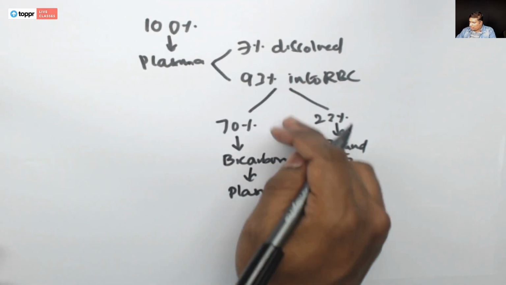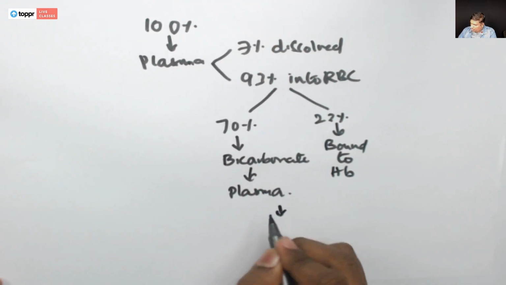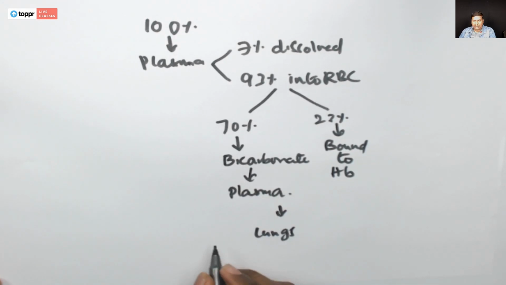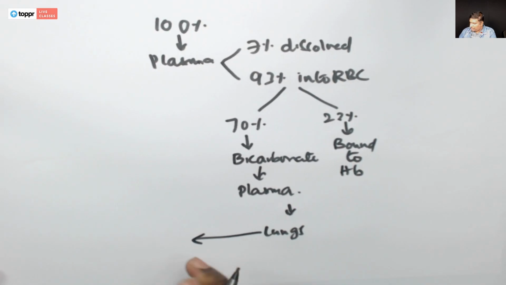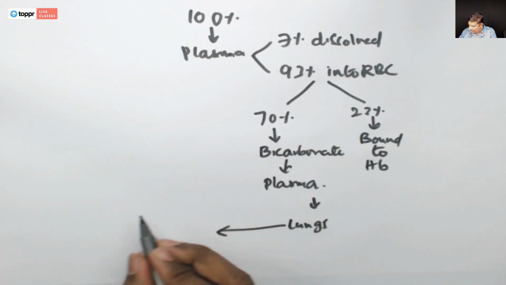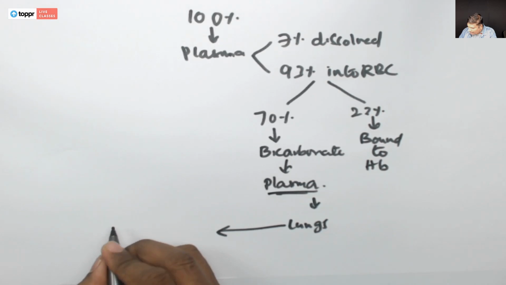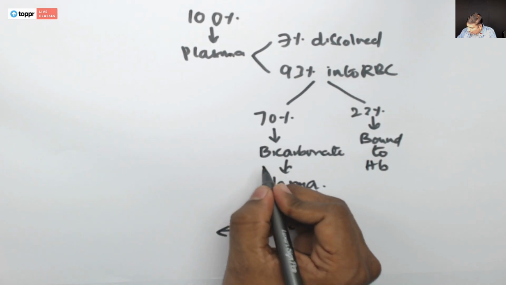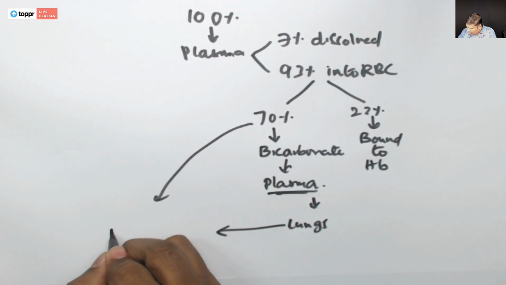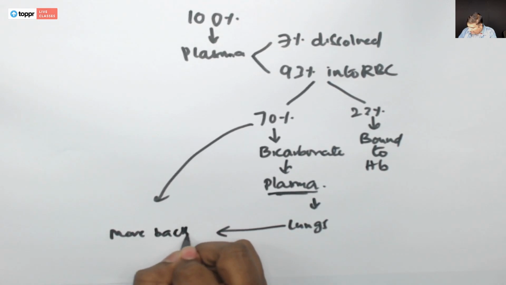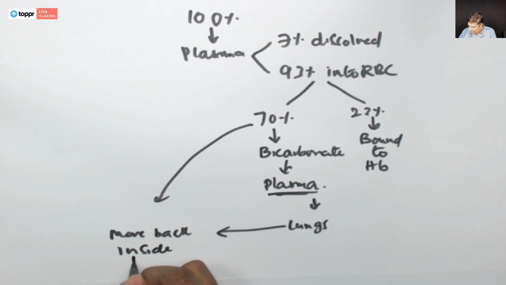Now all these components will move to the lungs, and near the lungs what will happen? This 70% which is now in the plasma will go back to the RBC. So this 70% will move back inside the RBC.